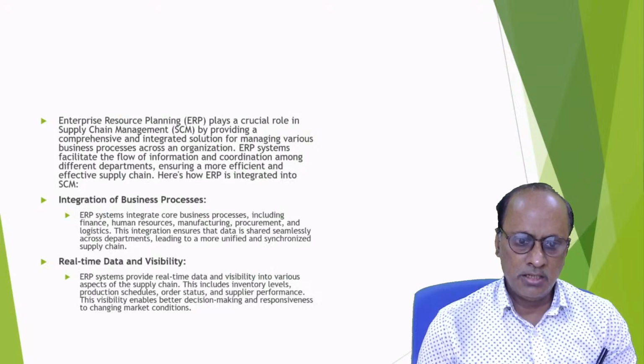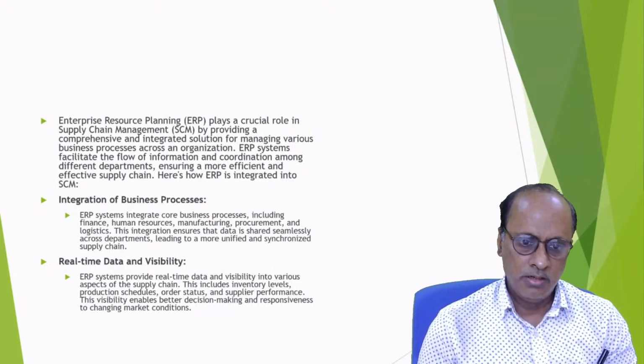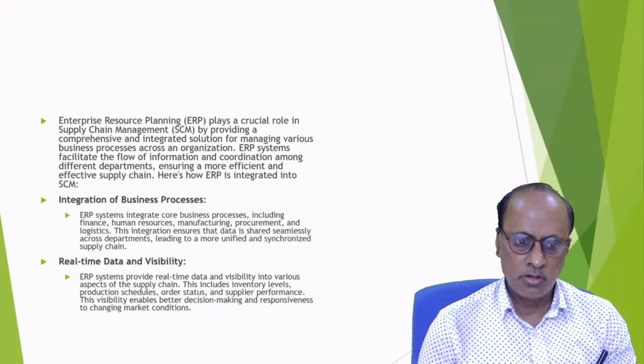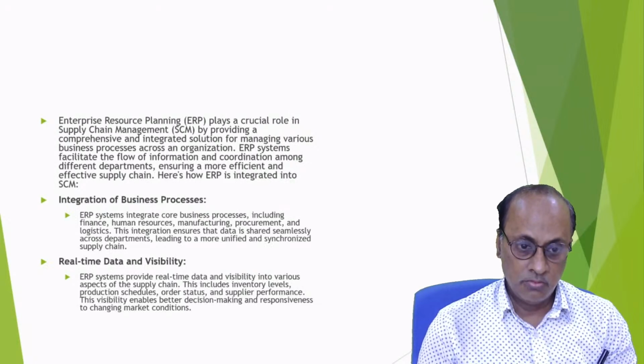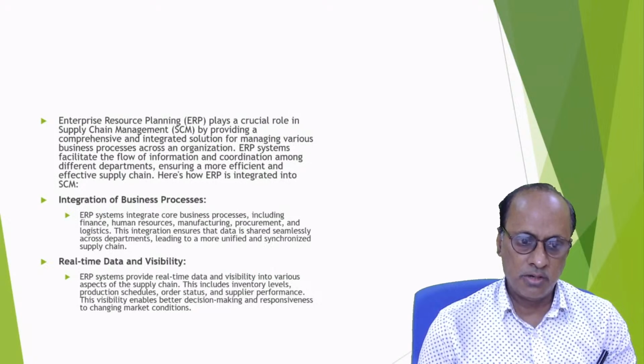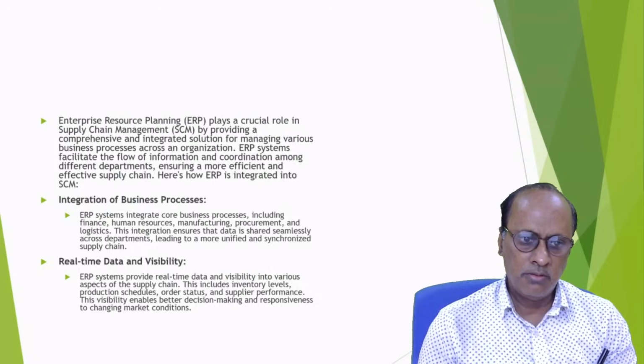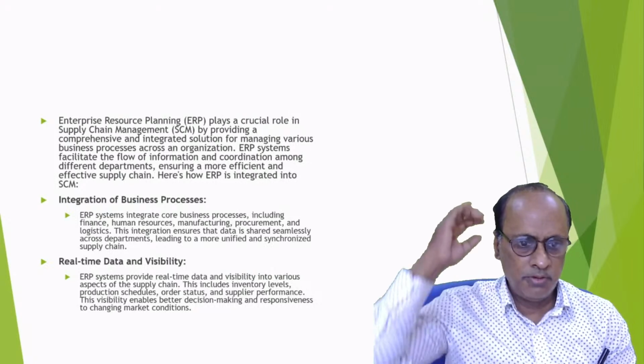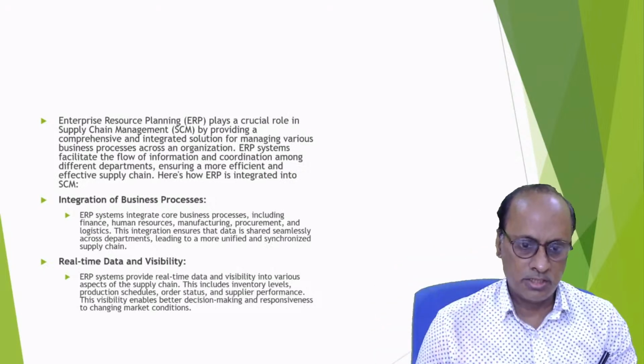This integration ensures that data is shared seamlessly across departments, leading to a more uniform and synchronized supply chain, which was not previously there. The synchronization across departments was hardly there. But with the development of ERP systems, core business processes are integrated.